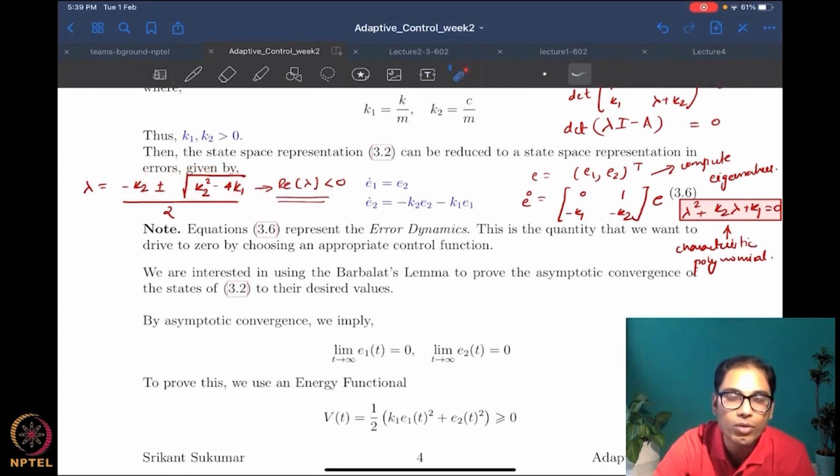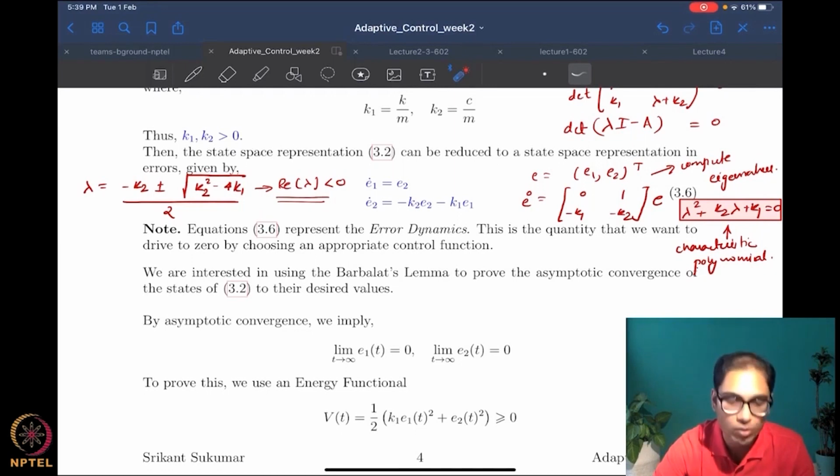Again, this is something you know from your standard first level course in control systems, so I'm not covering it in too much detail. But you should know that if the quantity in the square root is less than this quantity here, then the real part has to be negative.